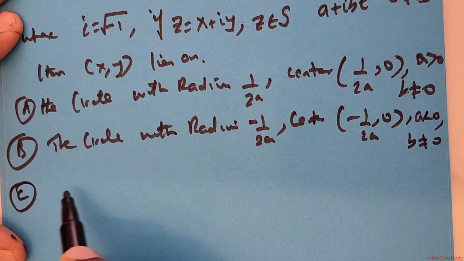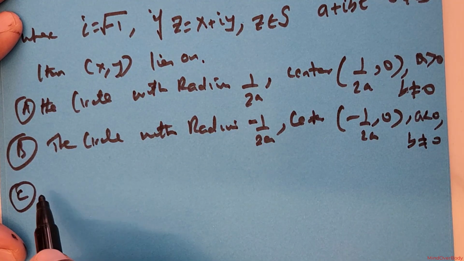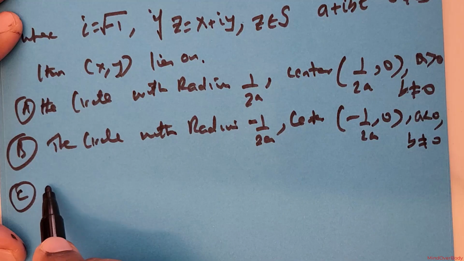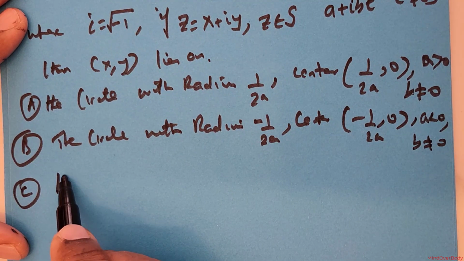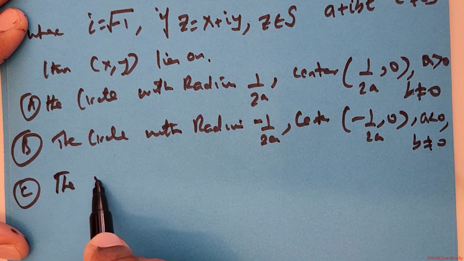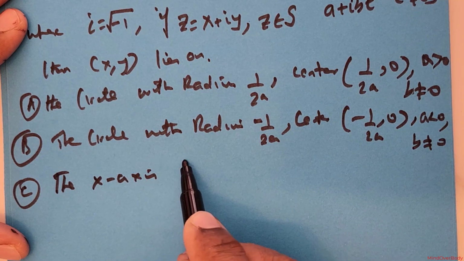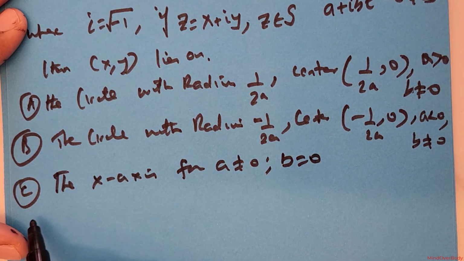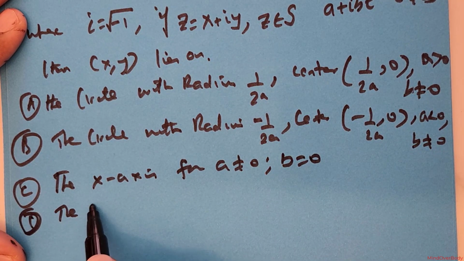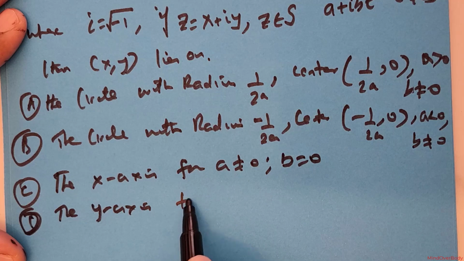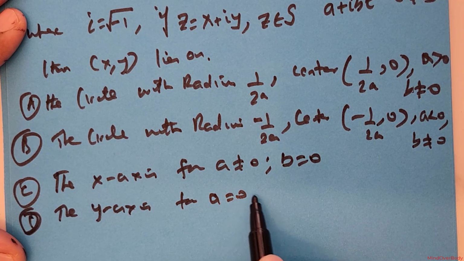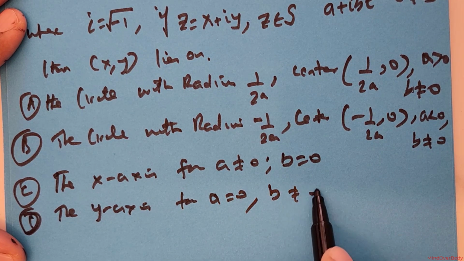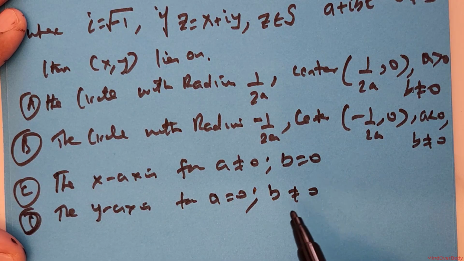Doesn't make sense. They're giving a radius and a negative component. Okay, so next C is the x-axis, for a not equal to 0 and b equal to 0. D is the y-axis for a equal to 0 and b not equal to 0, right?